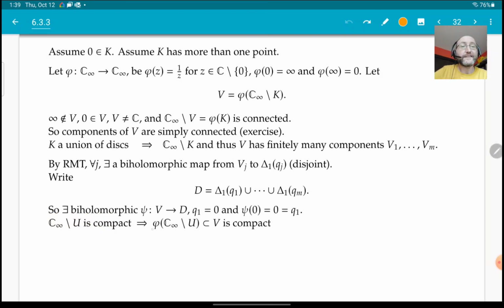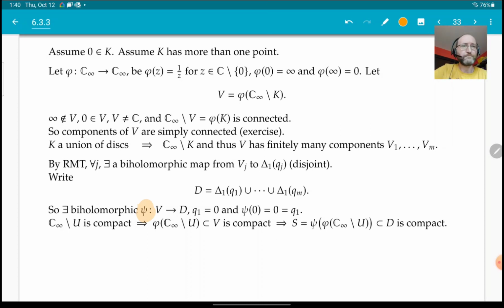So if I push forward by phi, by 1 over z essentially, this outside of u goes into v, because v is the complement of k and u contained k. So it's a compact set there because phi is a continuous mapping, so it takes compacts to compacts. So we have some compact subset of v, and we have again a continuous map. Much better, biholomorphic, but definitely continuous.